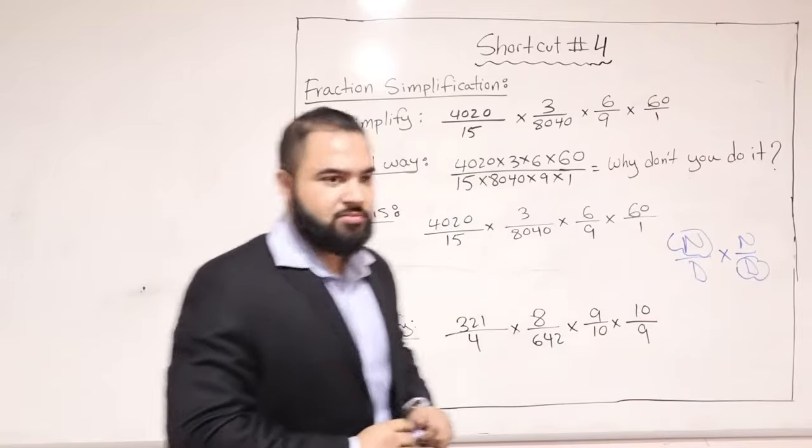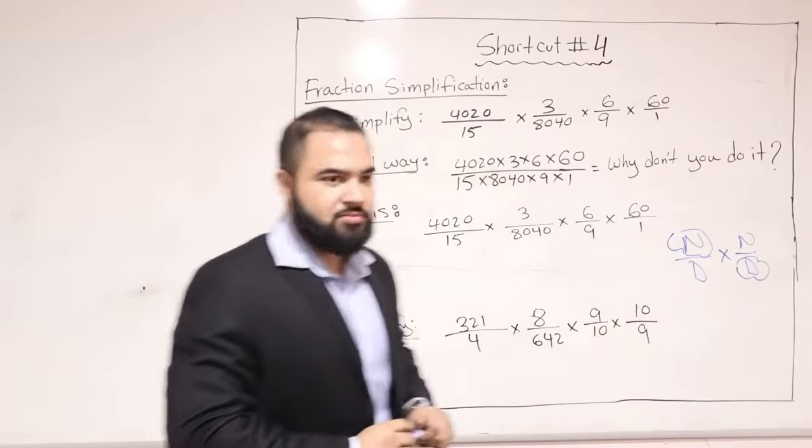Now let's use this cross simplification technique in our fraction multiplication. Now let's look at it. 4,020 and 8,040, we can see they're in 1:2 ratio. Means if I divide 8,040 by 4,020, then I get 2. It means both 4,020 and 8,040 are divisible by 4,020.